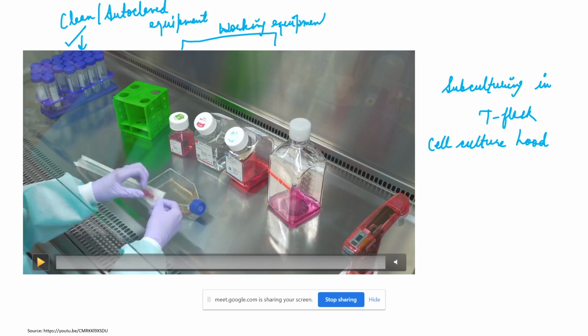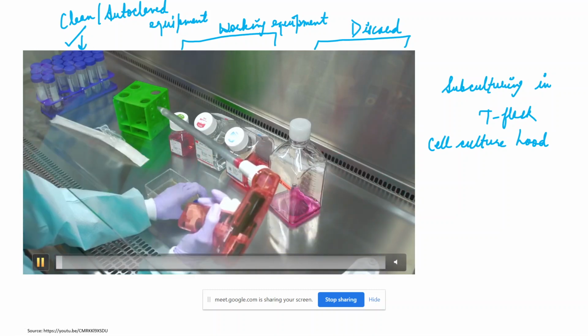This is the place where your hands are going to be, and on the right side will be your discard. In this picture, the bottle with the pink liquid is the discard, and here you can see this is a T flask. Now we can watch the video and see how subculturing takes place in a T flask.